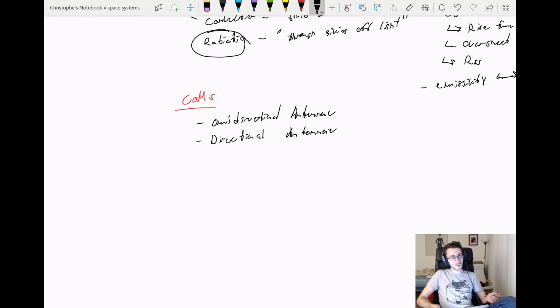So, in large part, the way a communication system works is you have a collection or transmission device. I'm just going to draw a kind of general dish. So you have a collection/transmission device, which goes into your electrical systems, where it is then processed.